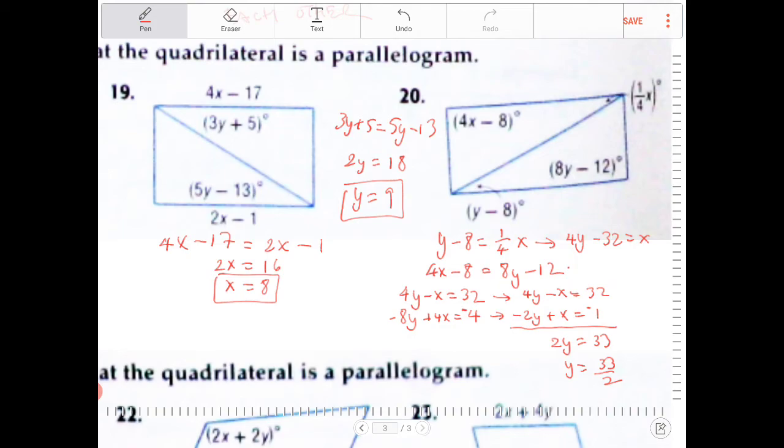Divide both sides by 4. Negative 2y plus x is equal to negative 1. Did I do that correctly? y is equal to 31 over 2 then.